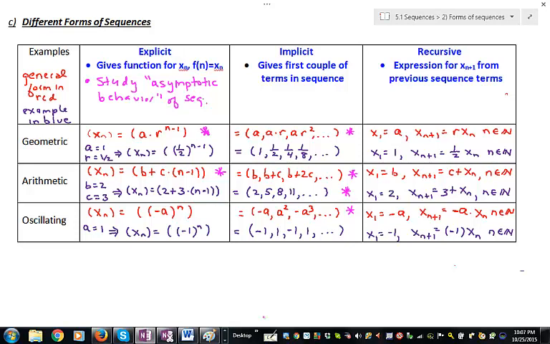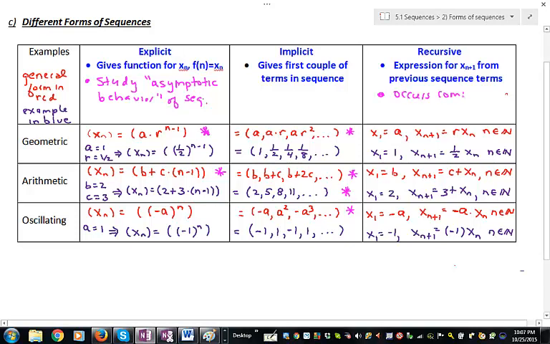Now the recursive form, it's not so obvious why we'd be interested in that, but this is a form that occurs commonly in iterative numerical techniques. An excellent example is when you do any sort of optimization.